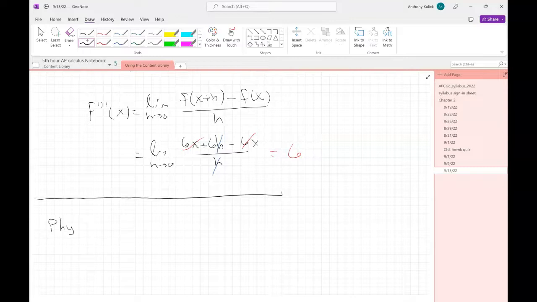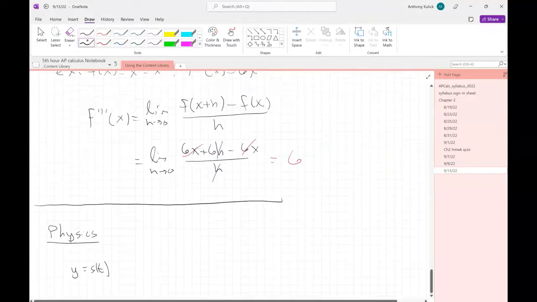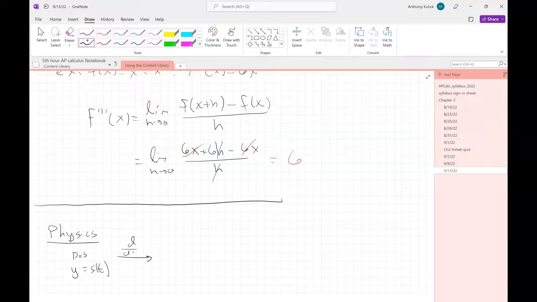So remember back to physics, we've mentioned this before, but if we have some position function s of t, and we take the derivative, we end up with a velocity function.